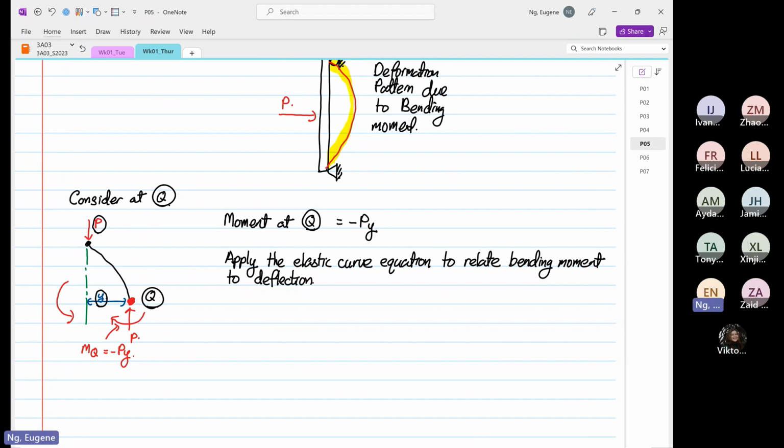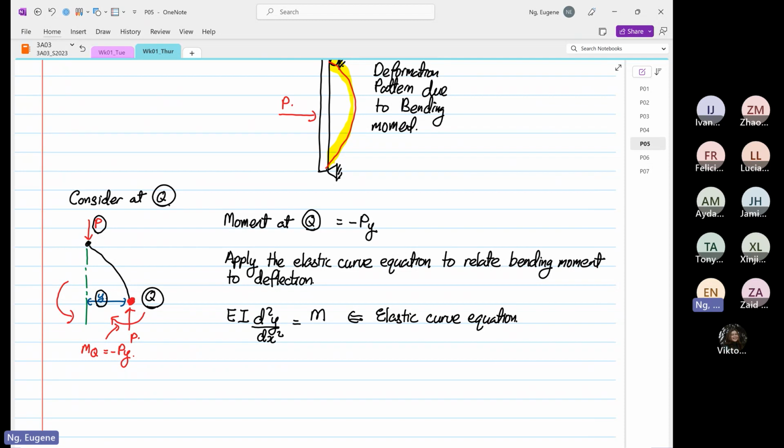So what is this elastic curve equation? If I write it to you, you'll say, hey, I've seen this before. It's basically Young's modulus multiplied by second moment of area, d squared y over dx squared, and this is equal to the moment. Okay, so this is what we call the elastic curve equation.